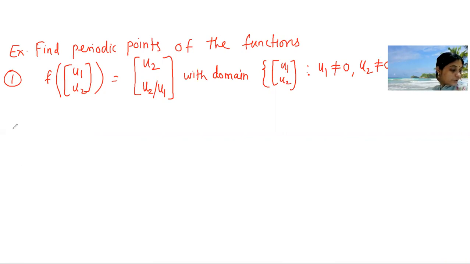So how can I find periodic points? I have to operate f. So let u1 u2 belong to the domain of f.